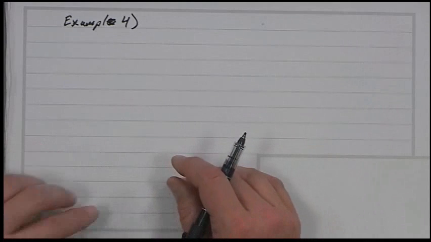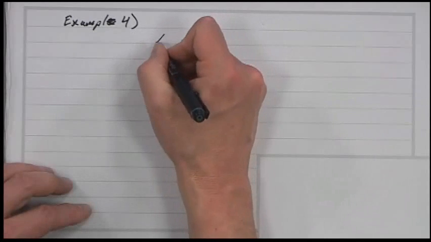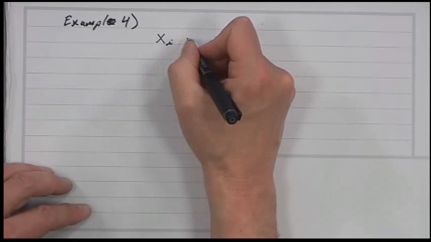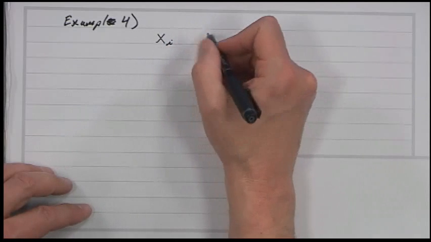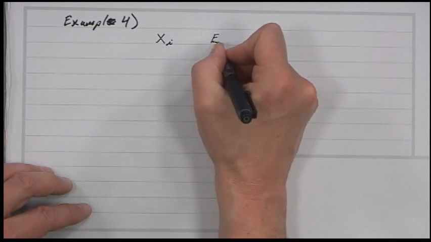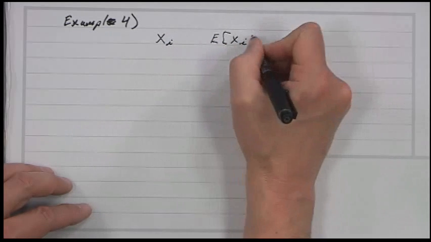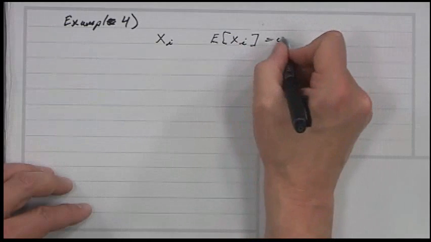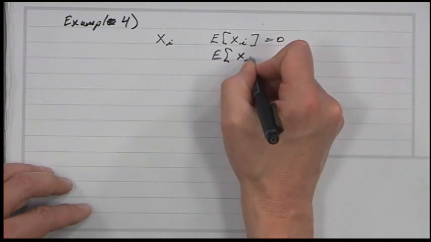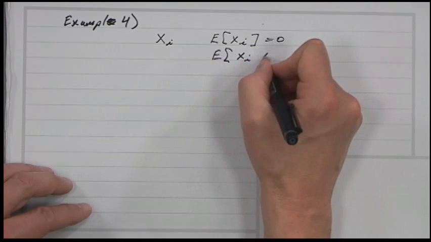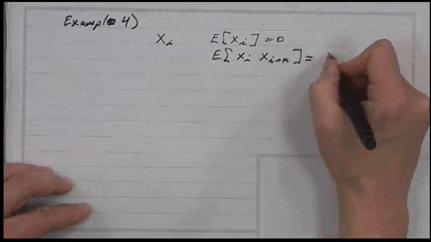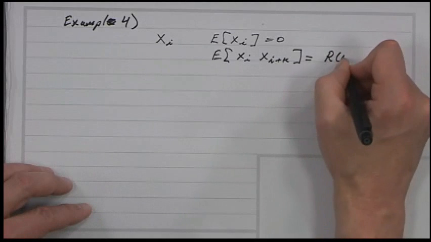Let's say you have a random process x_i with autocorrelation function, so the expected value of x_i is 0, and the expected value of x_i x_{i+k} equals r sub k.